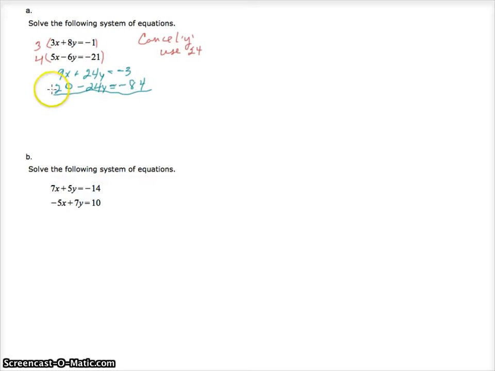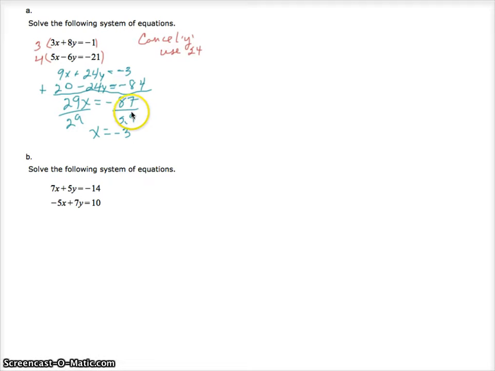I'm going to add them together now, and that gives me 29x equals negative 87. I'm going to divide both sides by 29. And x will give me negative 3.